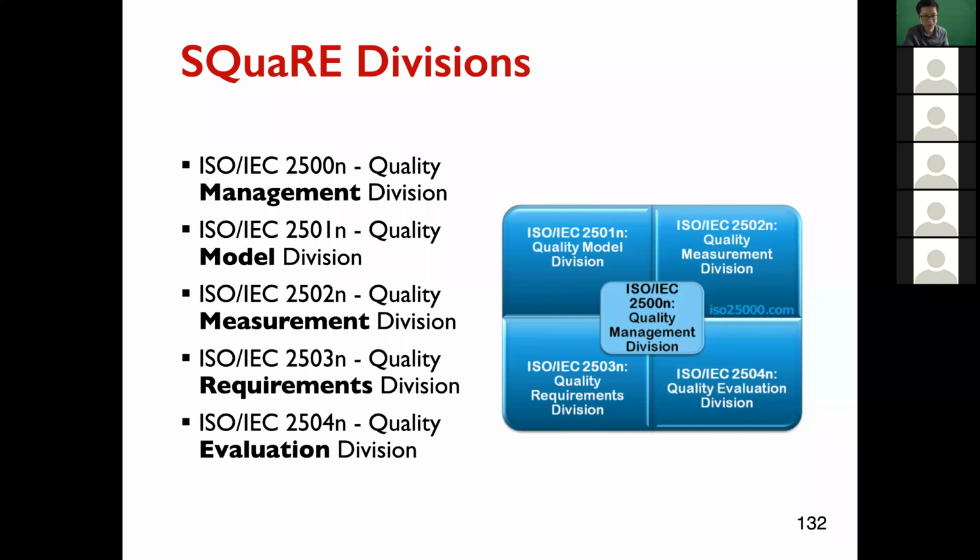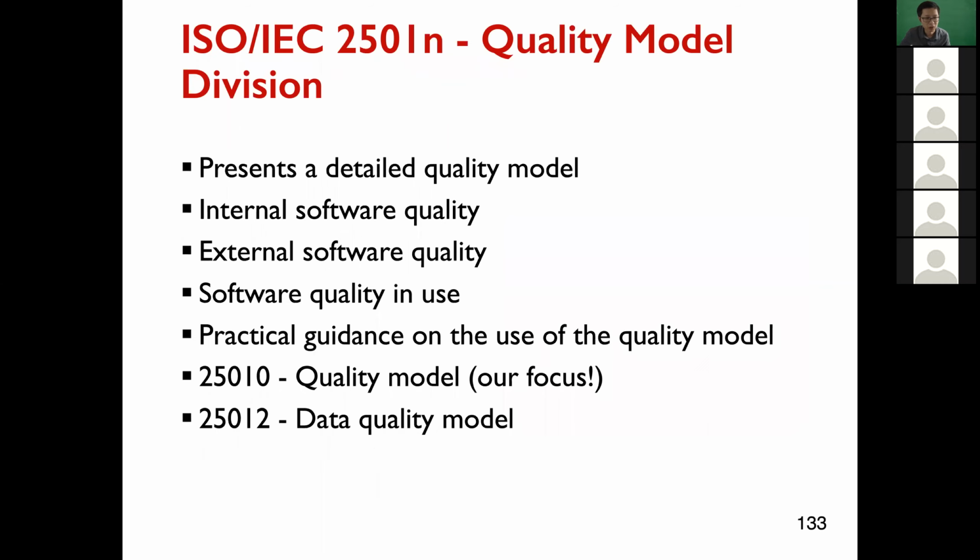The next division is the 2501n standards. It defines the quality models, and other standards define quality measurement, quality requirements, and quality evaluation. Today we will be focusing on the quality model division, 2501n.